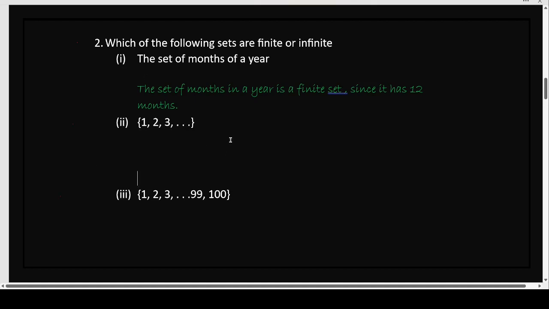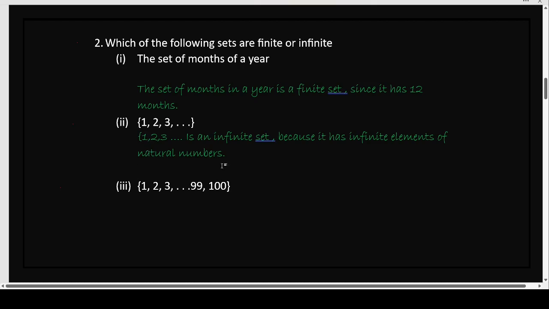The next one. In this set, the elements are 1, 2, 3 and it goes on like that. It is the set of natural numbers and it is an infinite set because it goes up to infinity. It is not a countable number. So this set is an infinite set.